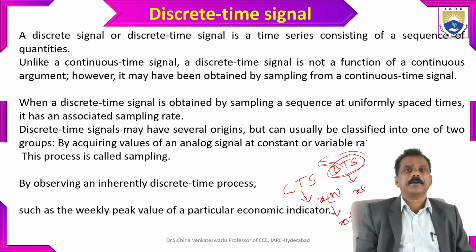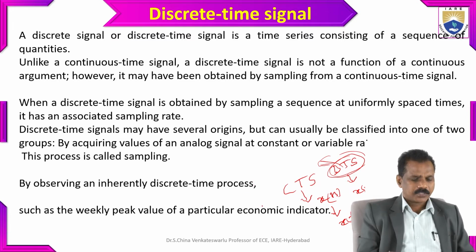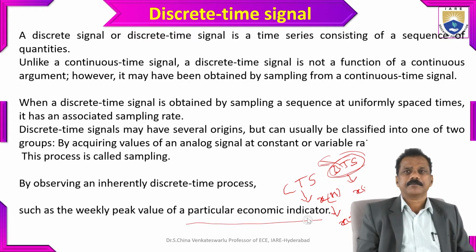It is obtained by acquiring the values of an analog signal at a constant or maybe variable rate. This process is called sampling. You know that just now we have seen the importance of sampling. The other origin is observing inherently discrete time processes, such as weekly peak values of a particular economic indicator. In real time, we will verify this.